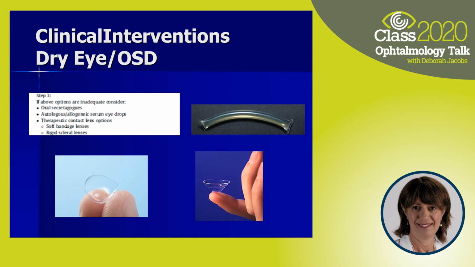Autologous or allogeneic serum tears and other blood products, which can be very helpful, but can be difficult to access, and then therapeutic lens options, which include soft bandage lenses and rigid scleral lenses. These are particularly helpful in patients with underlying disease such as graft versus host disease and Stevens-Johnson syndrome.